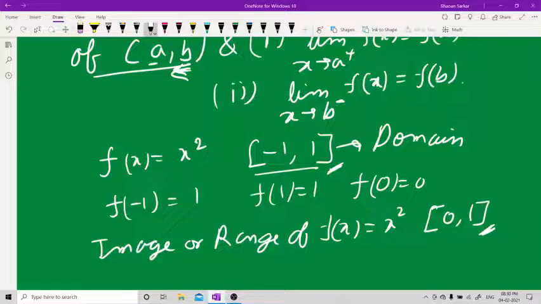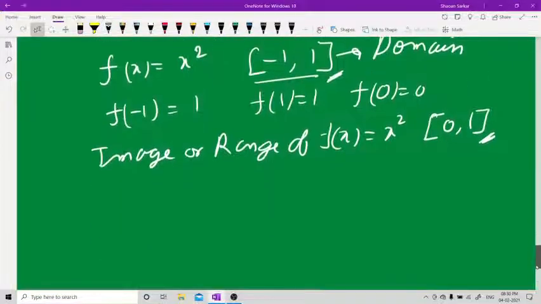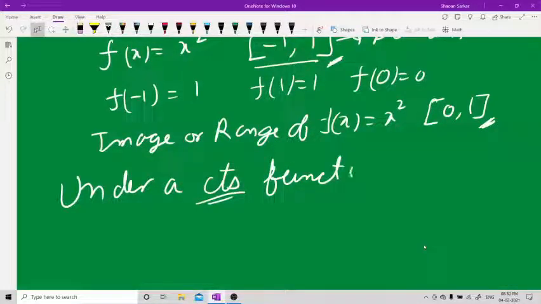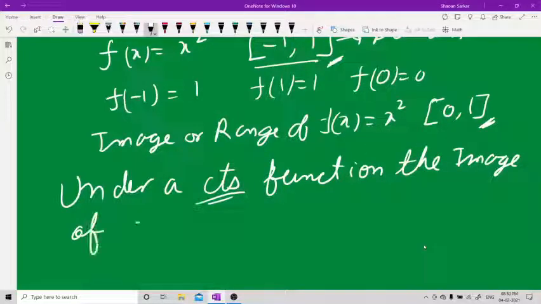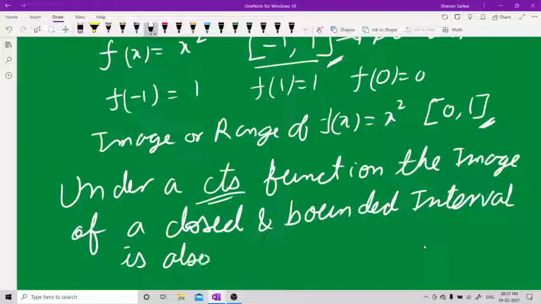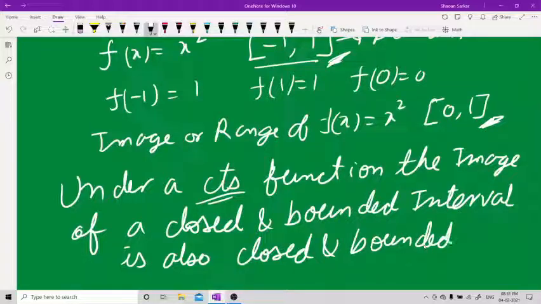Let us write down: under a continuous function, the image of a closed and bounded interval is also closed and bounded. This much is clear.